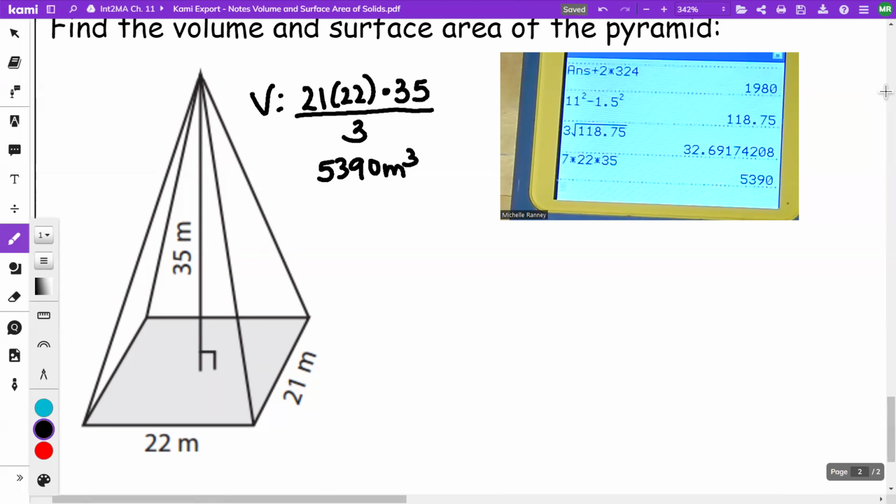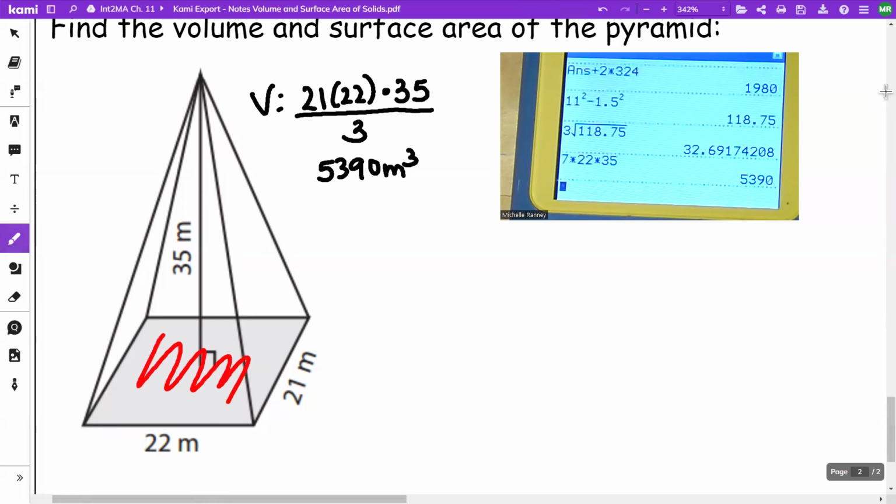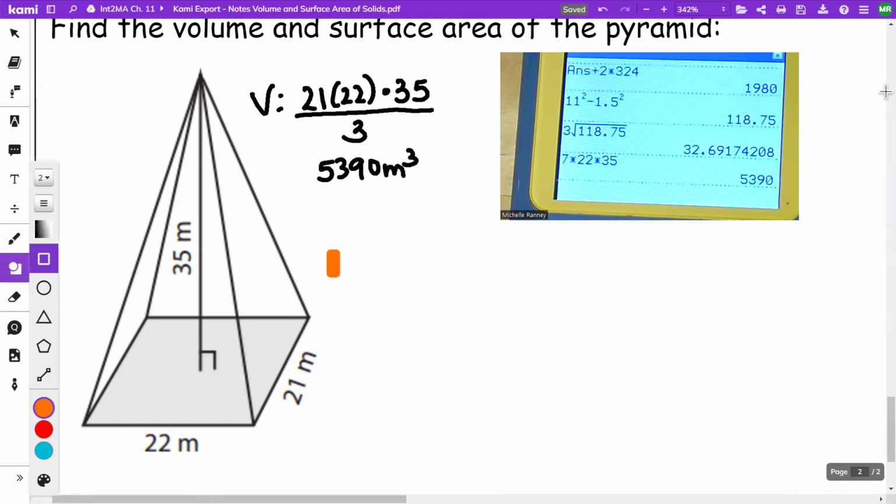My surface area is going to be harder. I'm going to have my bottom base, which is going to be 21, sorry, writing in shapes, 21. So this is for surface area.